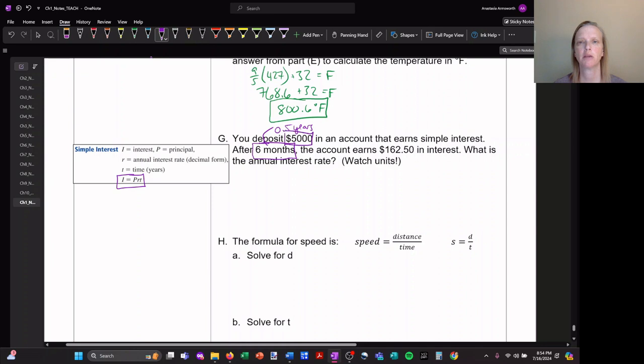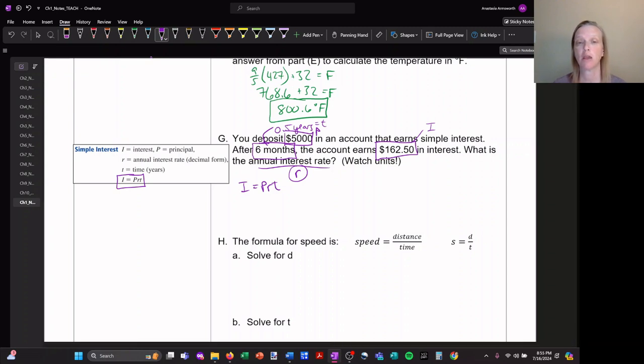My principal is 5,000. My time is 0.5 years. And I know my interest is $162.50. The R is the thing that I'm missing. So if I've got I equals PRT, I want to solve this for R. I want to get R all by itself on one side of the equation.